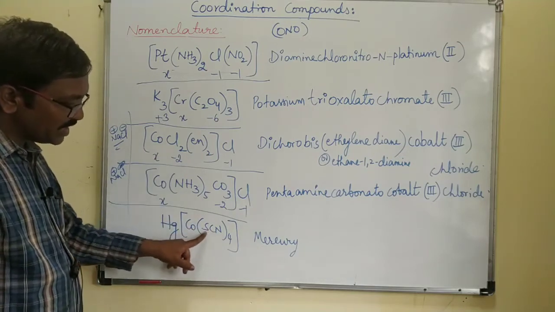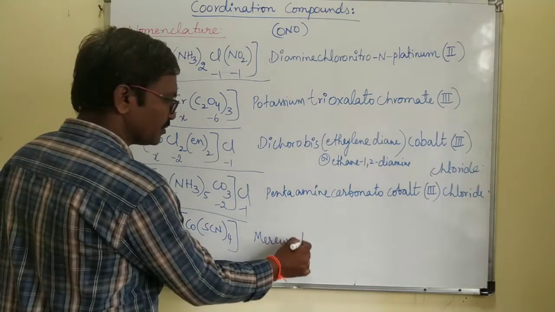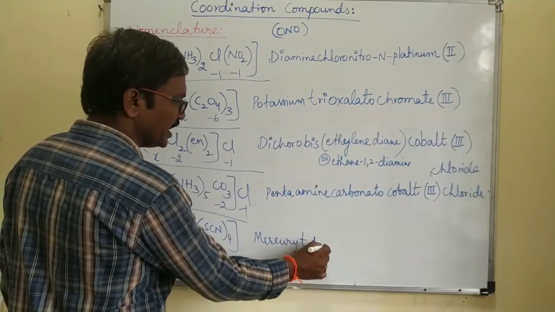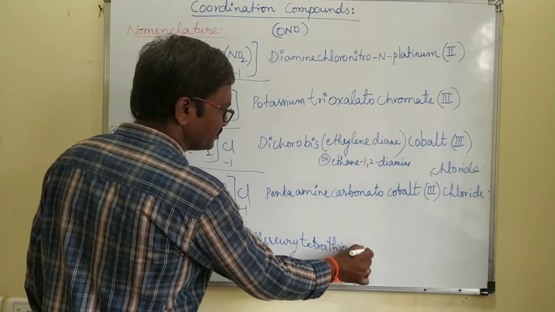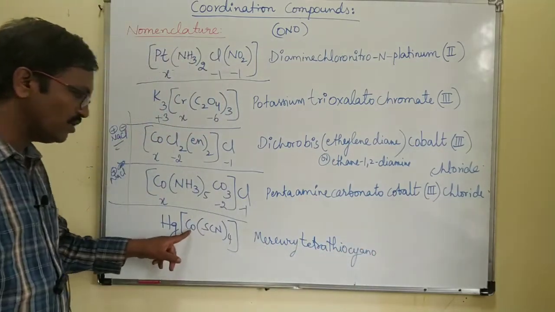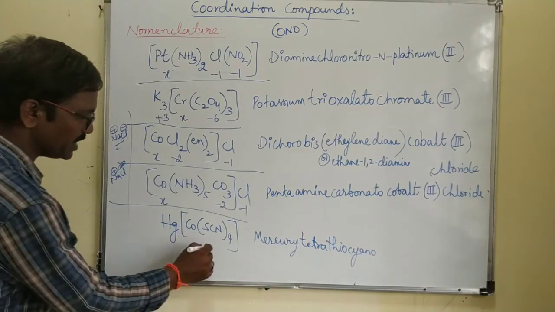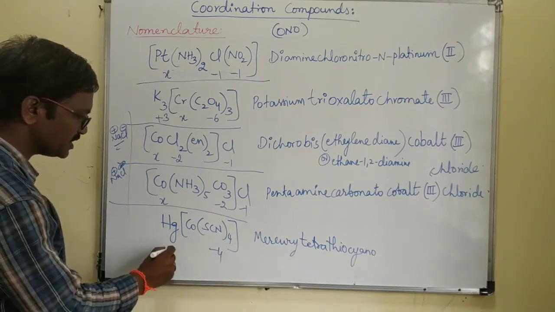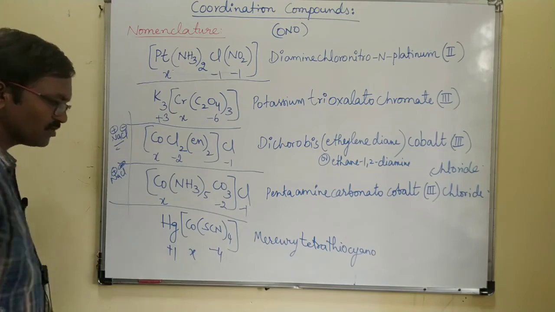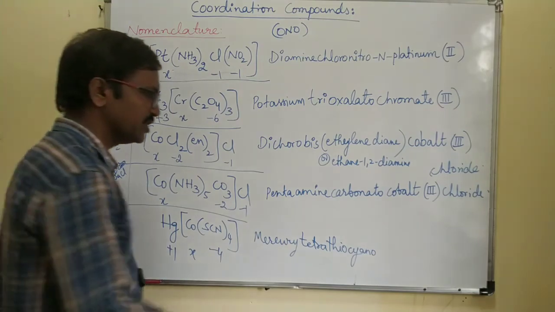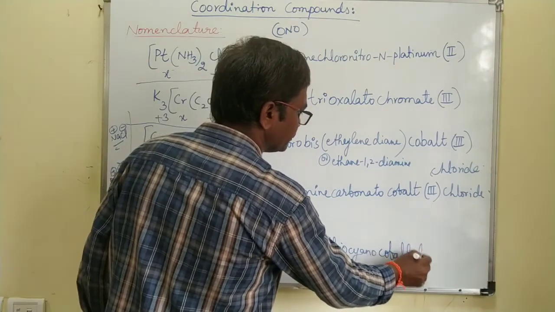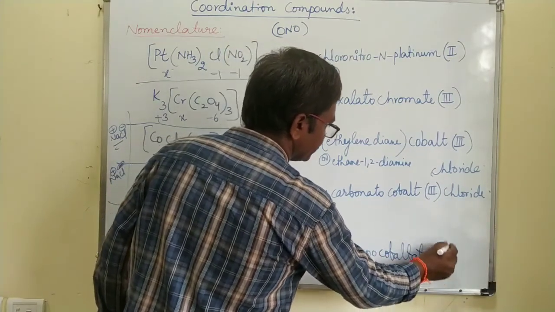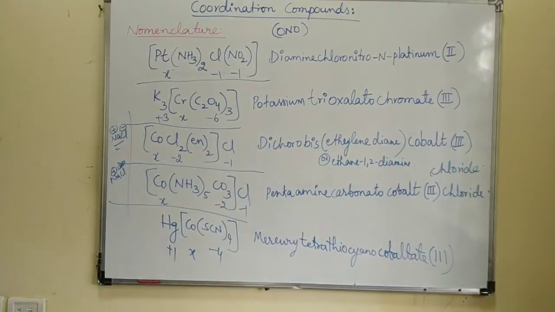So mercury tetrathiocyanato cobaltate. This one is -4, right? This one is +1. So what is the X? Cobaltate 3. Right?